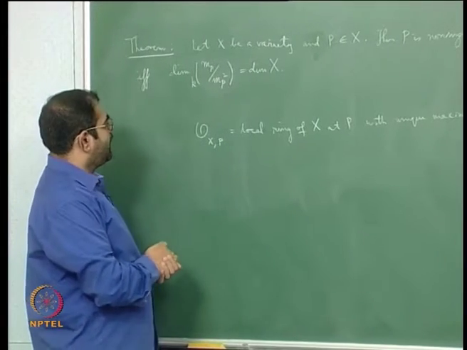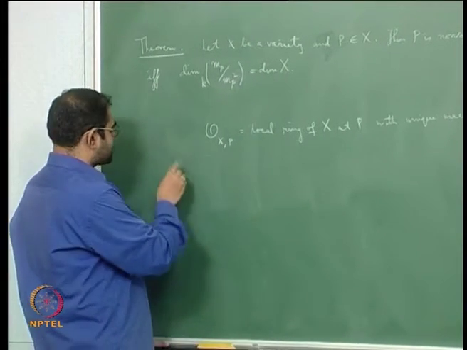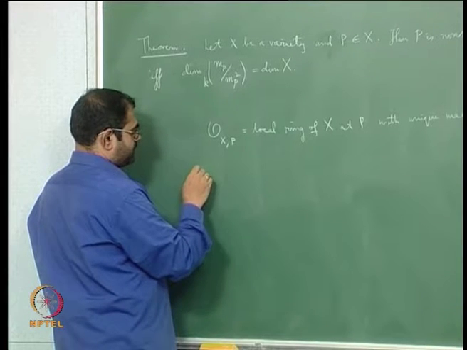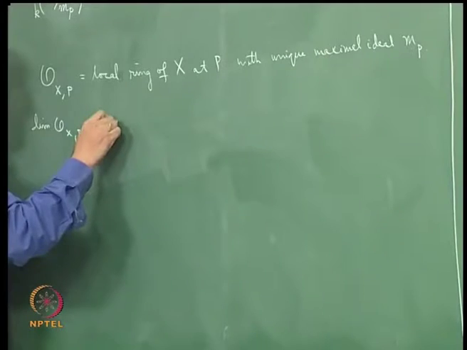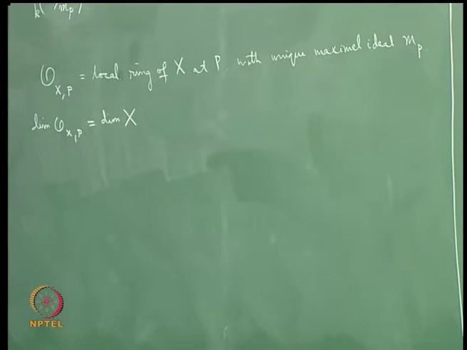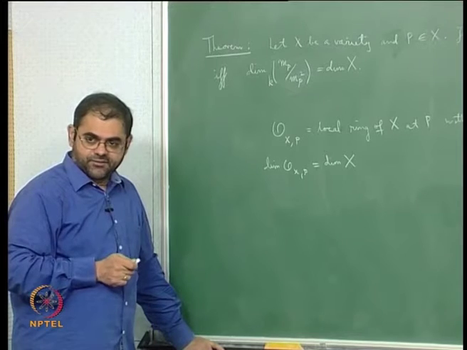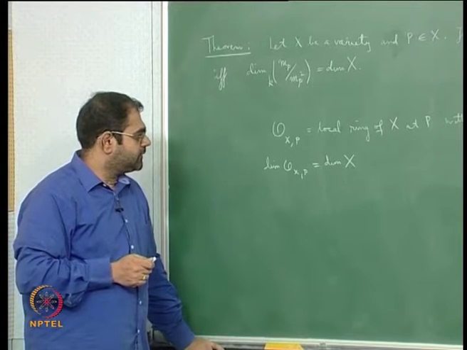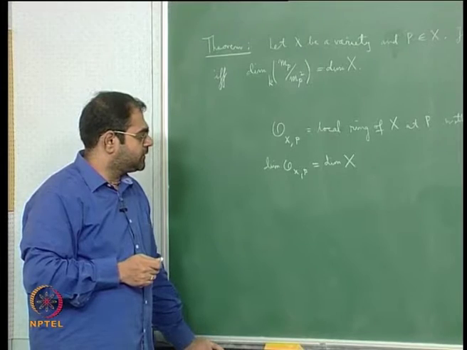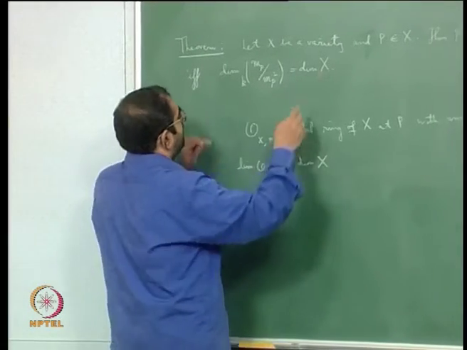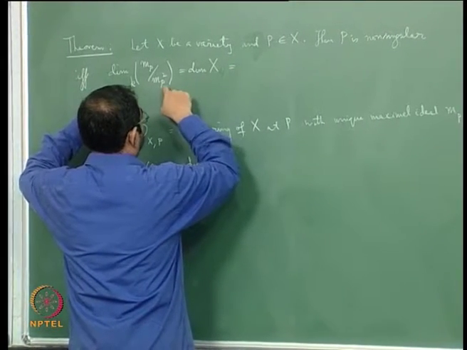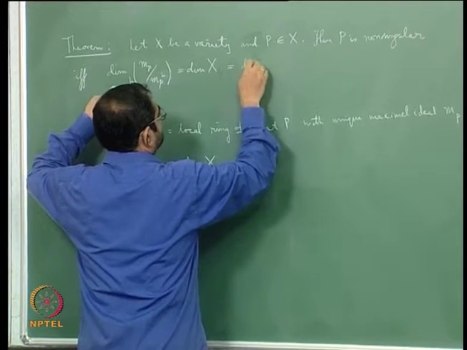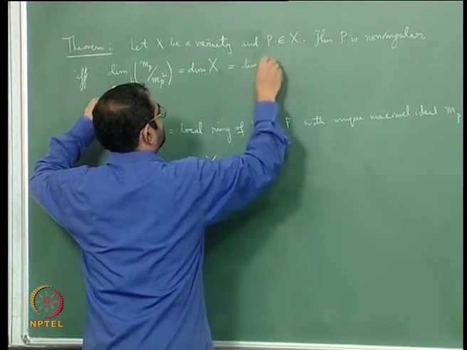Right? And now what you must understand is, the dimension of the local ring, you know that this is the same as the dimension of X. This is something that we already know. The dimension of the local ring is the same as the dimension of X, and here, if I want to reflect the point P, I can also write the dimension of OXP.